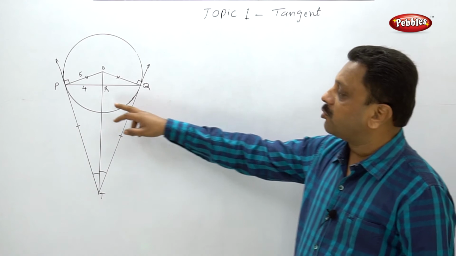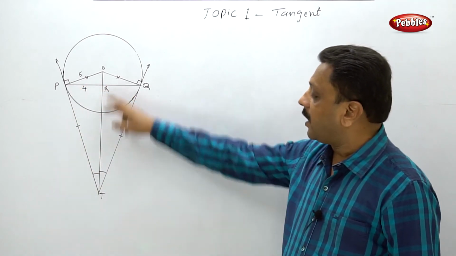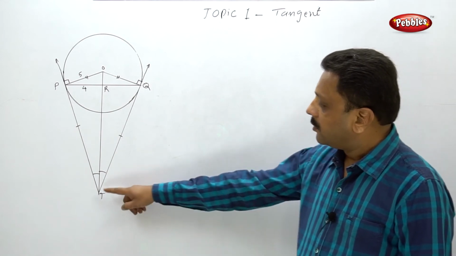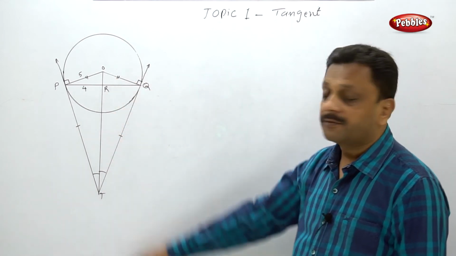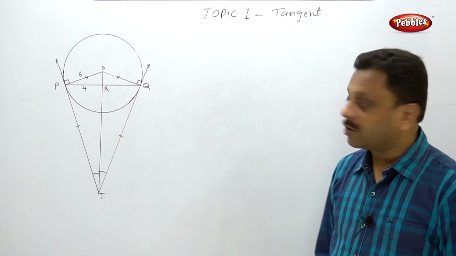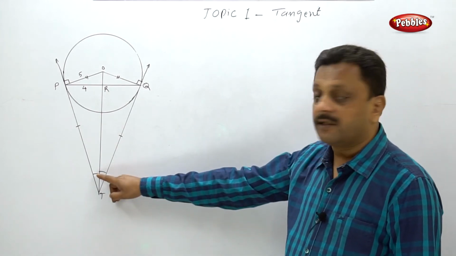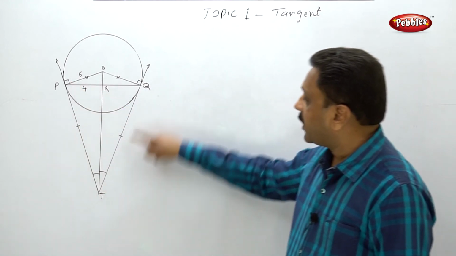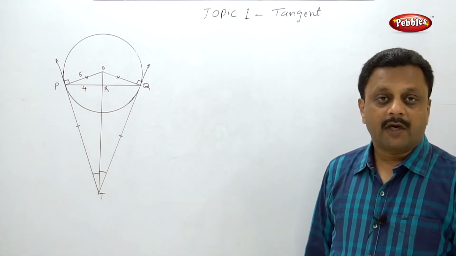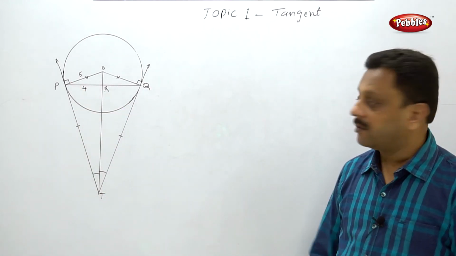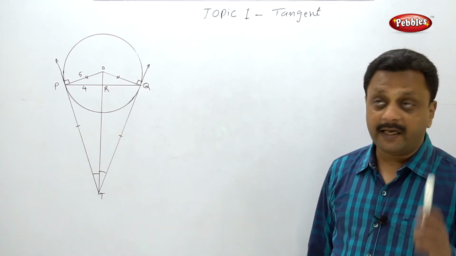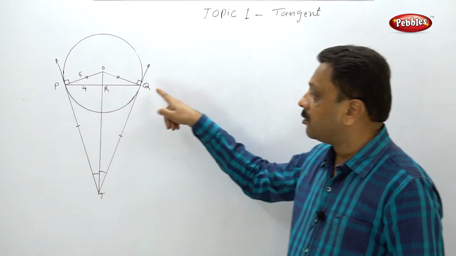So in these two triangles PRT and RTQ, RT is the common side, this angle is congruent and these two sides are equal. By the SAS test, we can say that these two triangles are congruent and hence PR is equal to RQ.